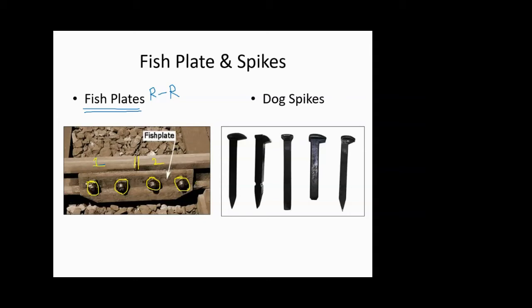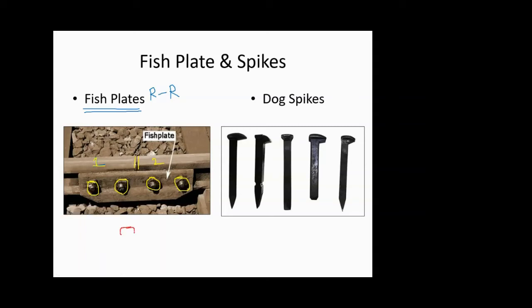So generally the size of the fish plate, or the section you will be seeing in the next few slides, the cross section of this fish plate. It is such that whatever is the shape of your rail, suppose you have a flat footed rail.